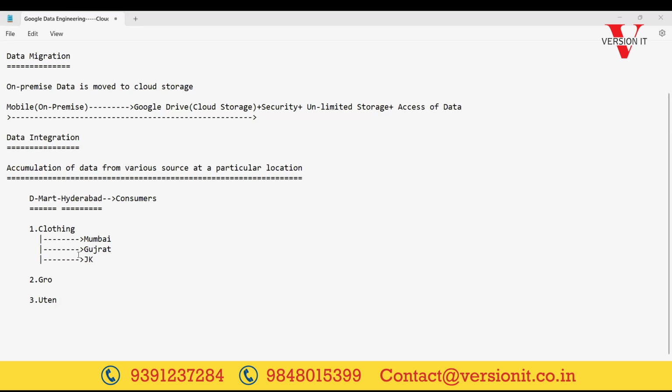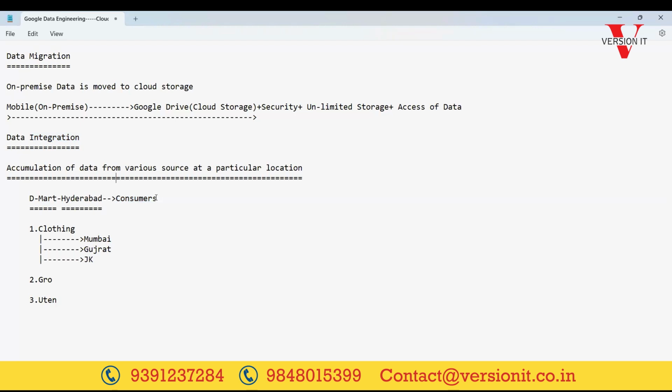Consumers can get clothes manufactured in Mumbai, Gujarat, and Jammu and Kashmir under one roof. Am I right? This is called the process of integration. So why is this integration done? Because of the requirement of the consumers, to fulfill the requirement of the consumers.